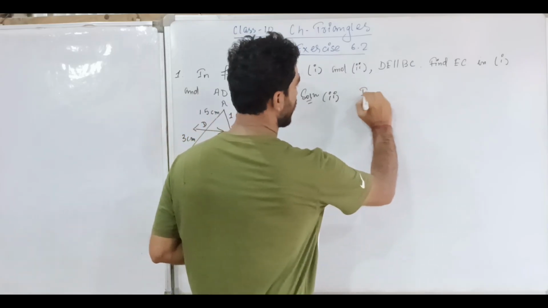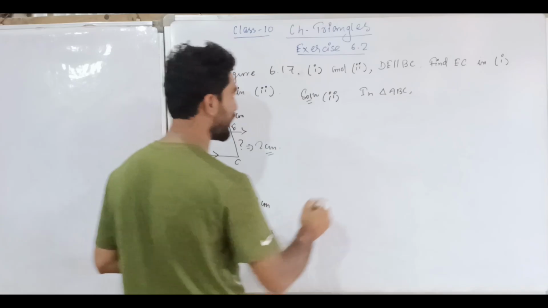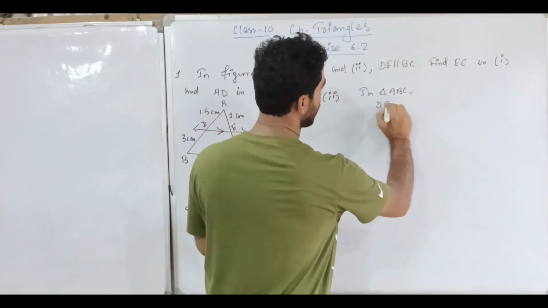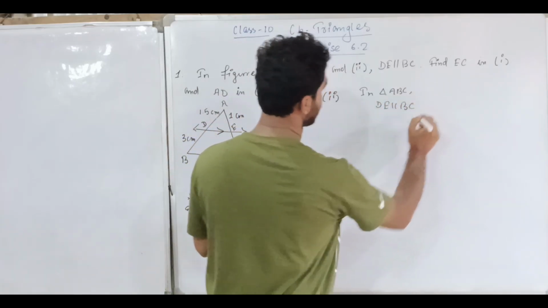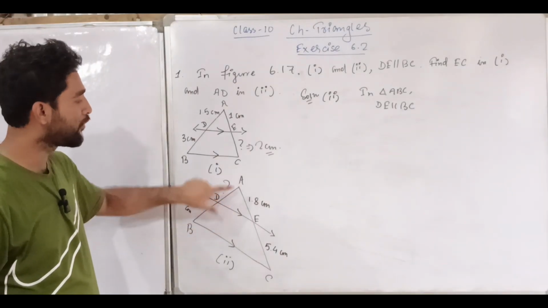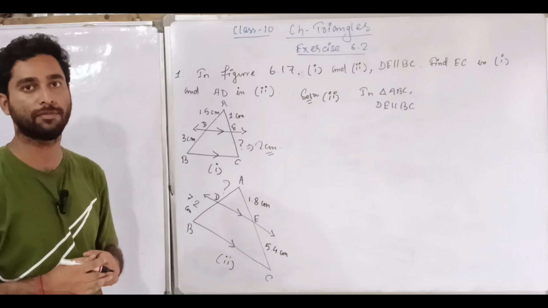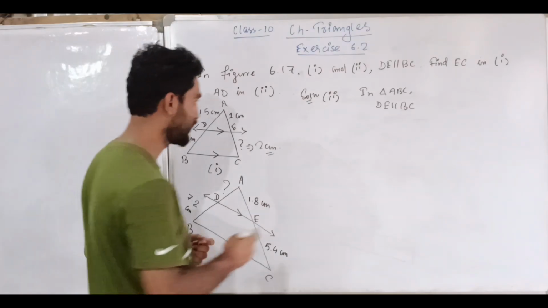In triangle ABC, what is given? DE is parallel to BC. So a triangle is given and a parallel line is given. This parallel line will divide the other two sides in the same ratio. From the basic proportionality theorem, or from the Thales theorem, we know this.